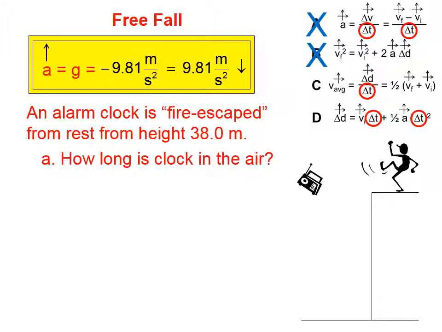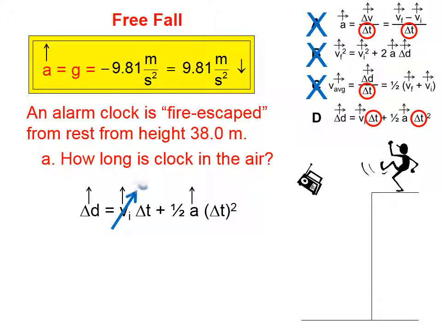I think the best choice is going to be equation D, because with equation C, we need the final velocity, and we don't know the final velocity. We don't know the speed at which the clock is going to hit. So I think equation D is going to be our best choice.